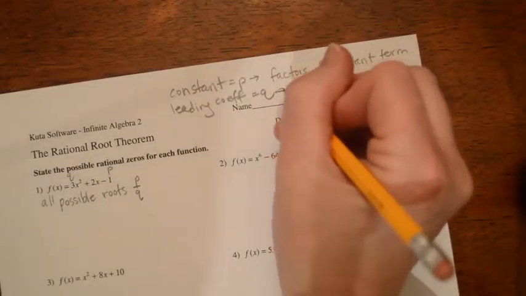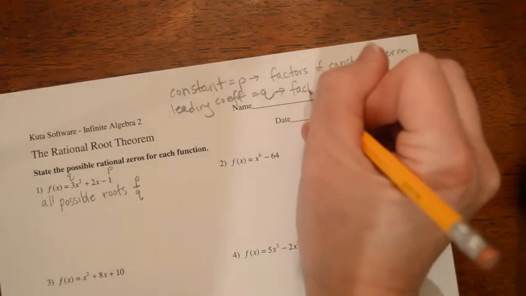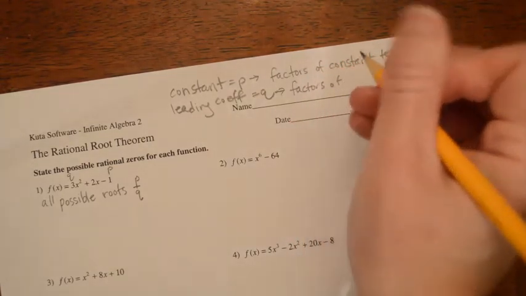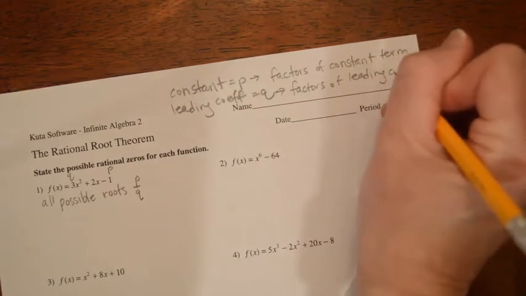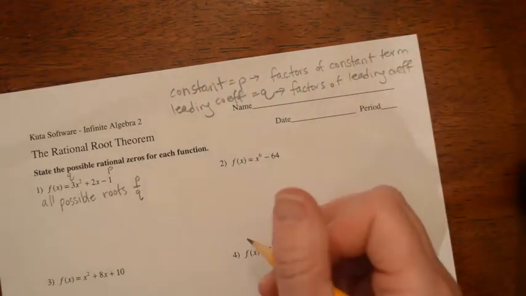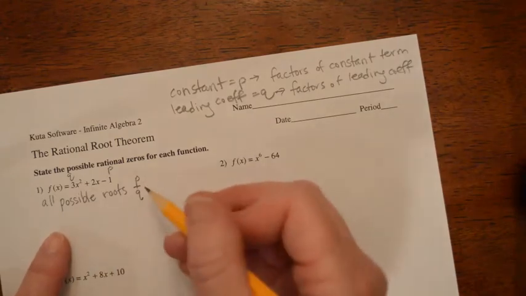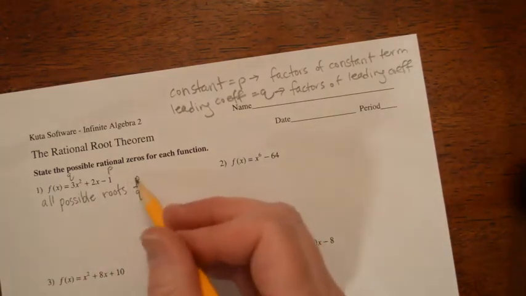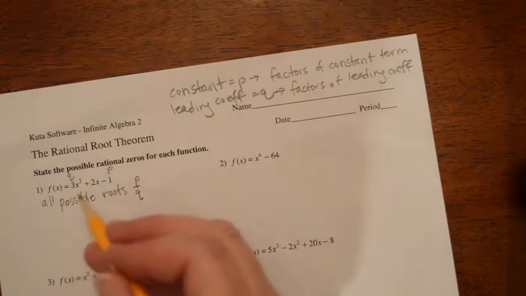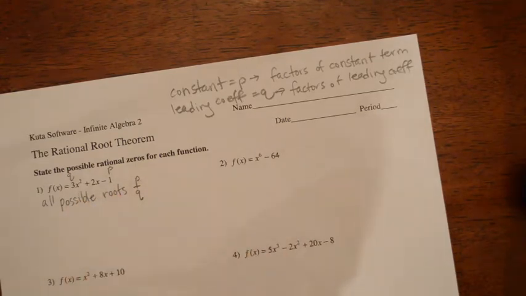And we're going to look at q as the factors of the leading coefficient. All right? So all possible roots come in the form of p over q, where p would be the elements of the set of things that go into 1, and q is the set of things that go into 3.